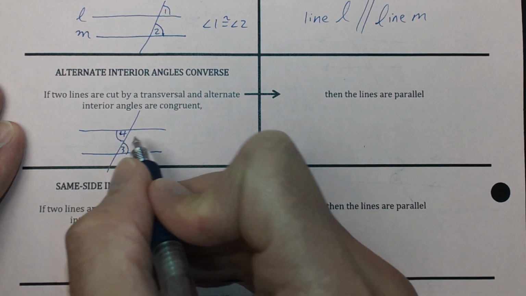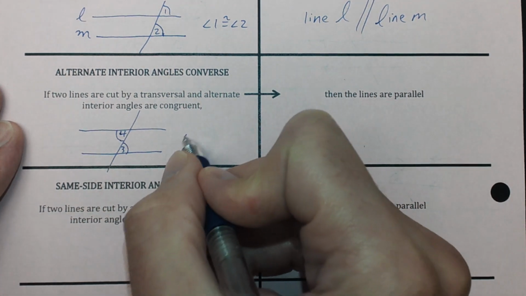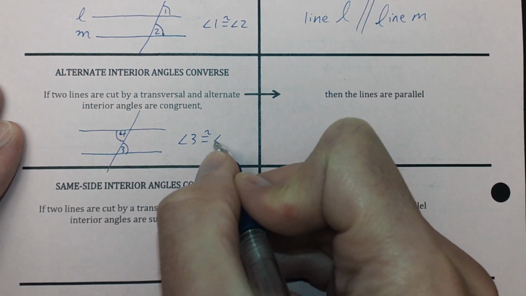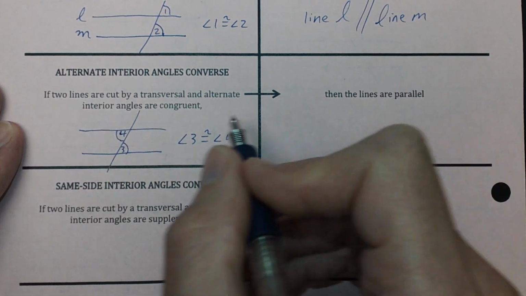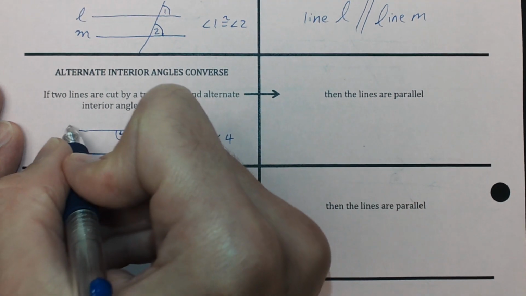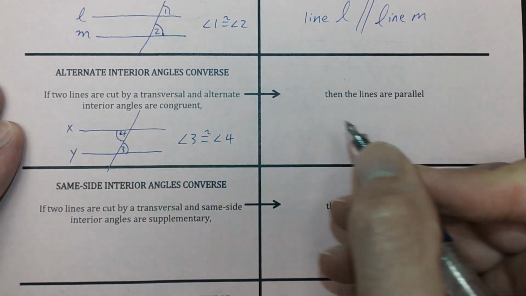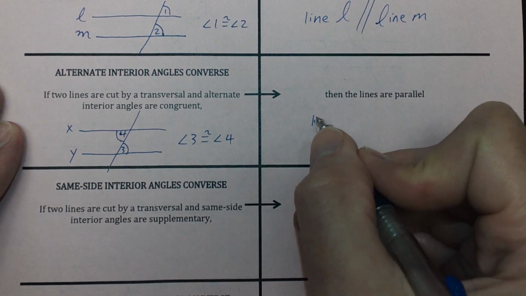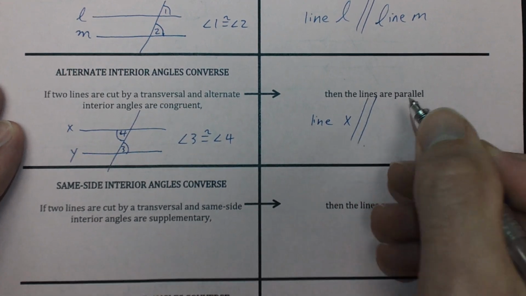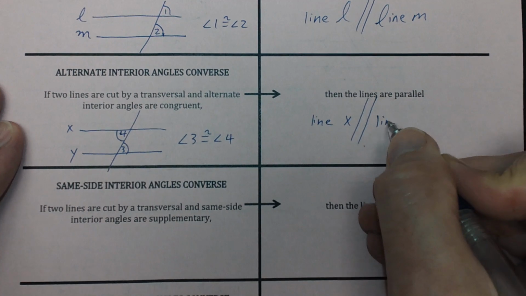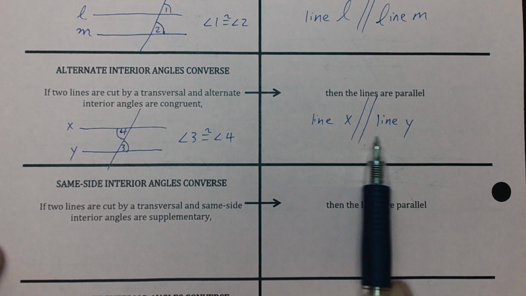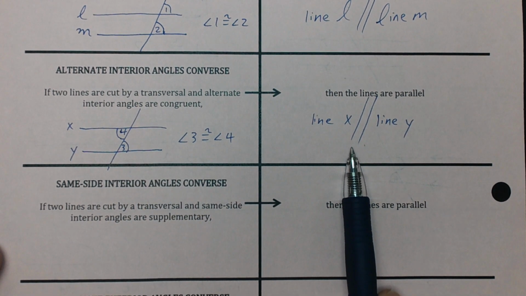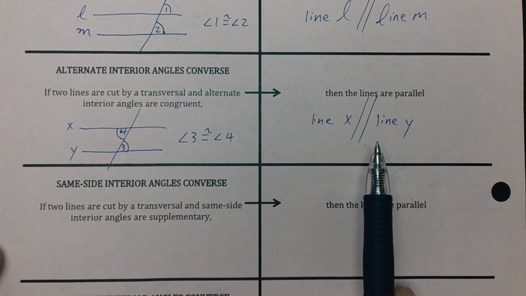If those 2 angles are congruent, angle 3 is congruent to angle 4, the only way that's possible with 2 lines cut by a transversal is if those 2 lines, let's call them X and Y, line X must be parallel to line Y. So all these converses say if you have this situation, then those lines must be parallel. That's the only way it'll ever happen.